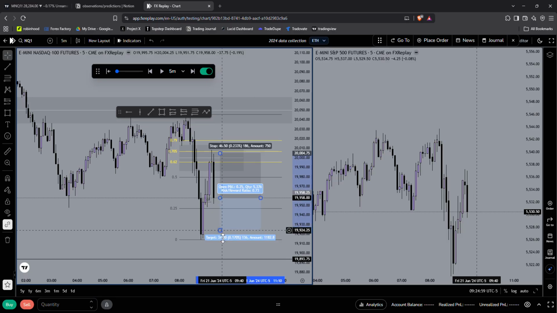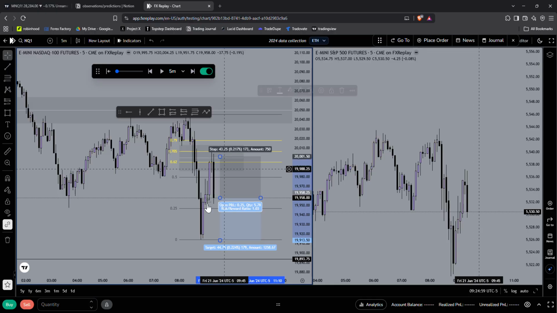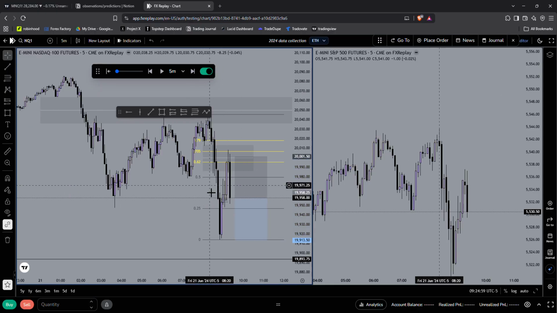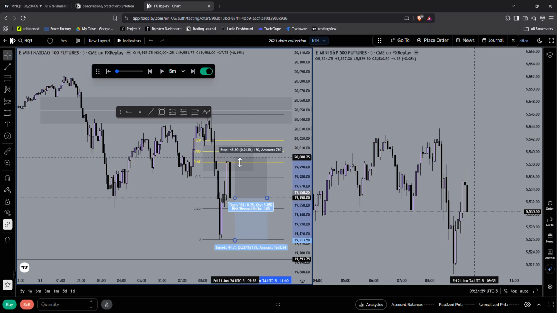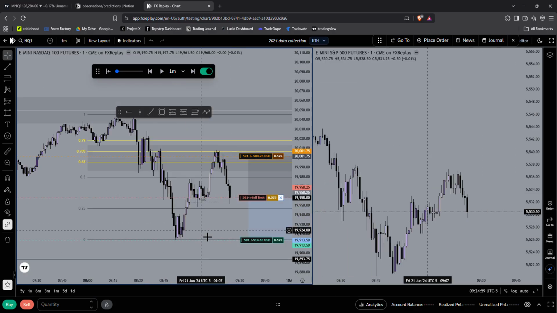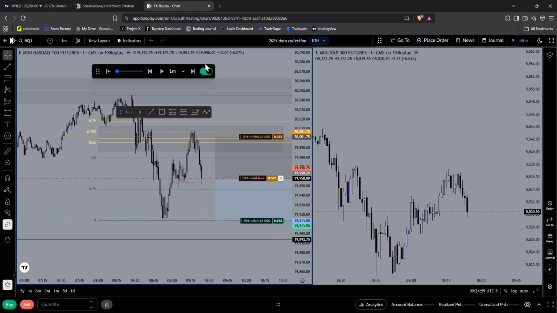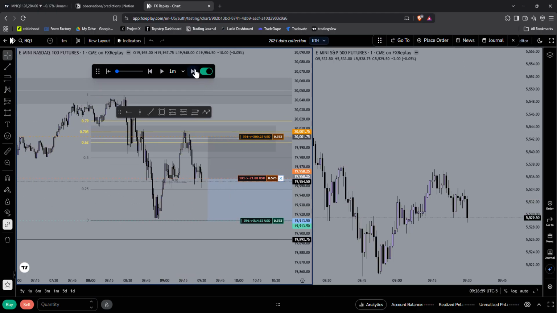Stop above there and then target. I will take this with the displacing. I like how we play off this 705 level, so I will have my stop like right here so I can target 1-to-1. Break even. I have no break even, so let's just write it out.